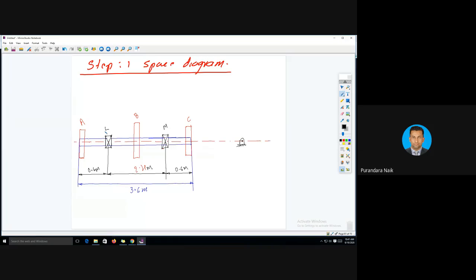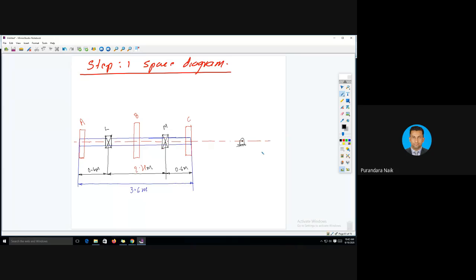For the space diagram, on the basis of the given data, you're going to consider the reference plane. But in the tabular column, you're going to consider the distance from the reference plane. That reference plane, it is your duty to identify. Here the space diagram is according to the given problem. In the tabular column, you decide which plane to select as the reference plane to find out the couple.